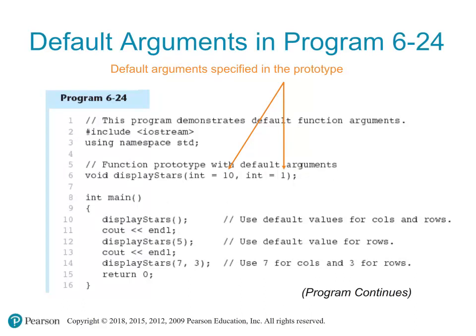The function display_stars is declared with 2 parameters, both of which have default values, 10 for columns and 1 for rows.